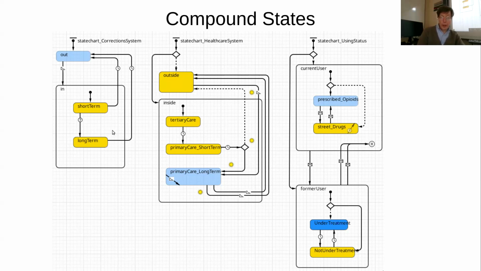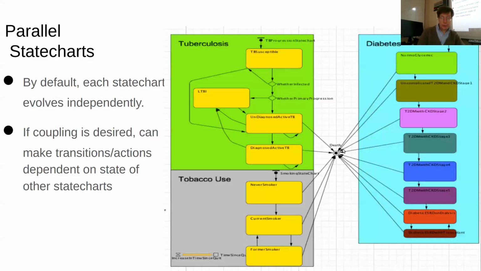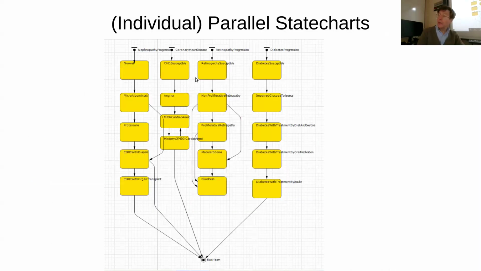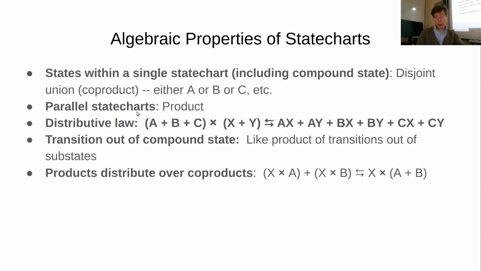Here, we're in one state with respect to each of these. Same thing here. When we have state charts in parallel, we are in one state with respect to each of them. Each characterizes a certain concern.